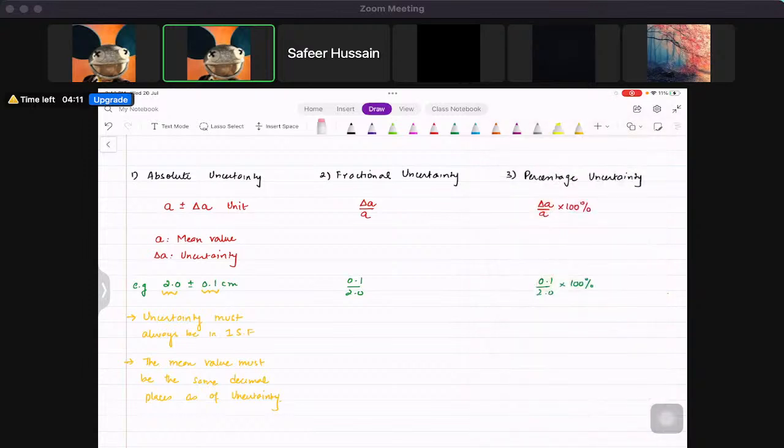And then for fractional uncertainty, remember that the uncertainty must be in minimum significant figure in data or one more. So it follows the same rule that I've told you initially.